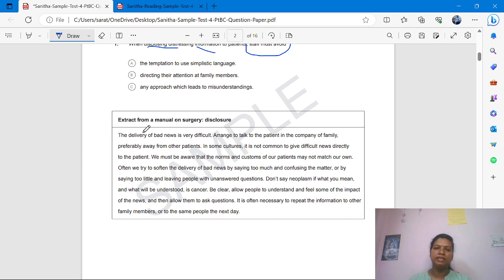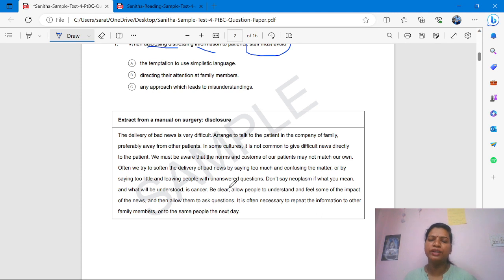Here the nurse is going to disclose some bad information to patients. So we have to understand the patient's culture, norms, customs, and religious background, and follow them. Then, don't give too much information that confuses matters, and don't give unnecessary information.